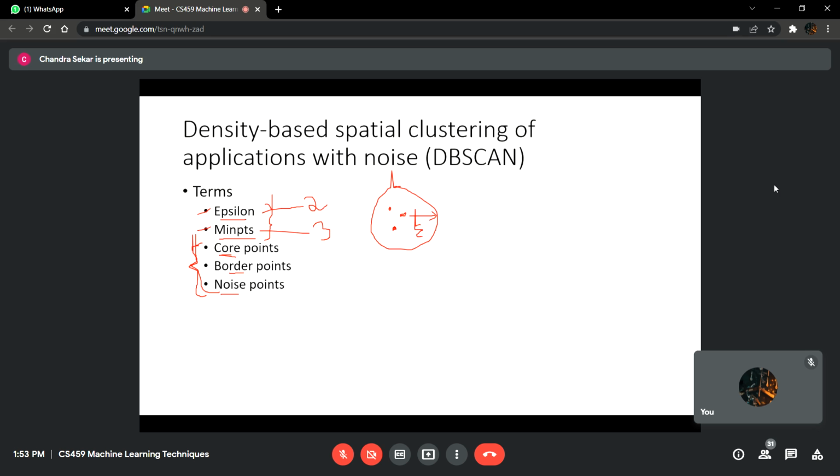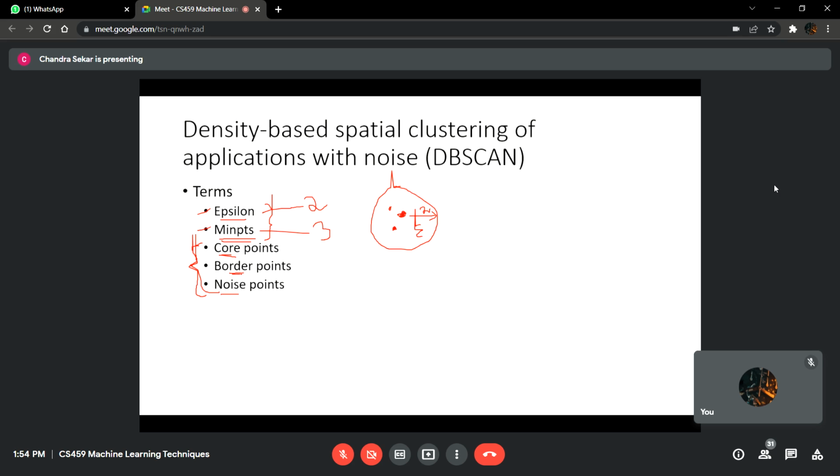You may have a number of data points to be clustered. You take any data point, and if you want to label it as a core point, then you have to draw a circle of radius epsilon, in this case 2. And you should have at least min points number of points inside that circle. So there should be at least 3 points inside that circle. Then you can call this point a core point. That is the definition of the core point.